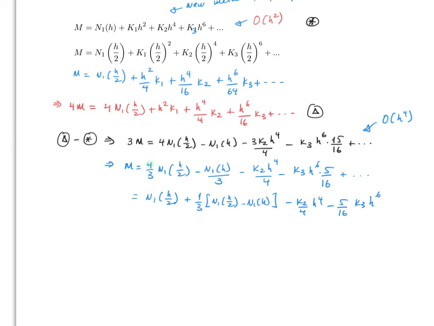Here notice that the 4 over 3, this is just basic arithmetic, is equal to this plus that. Okay, so 1/3 plus 1 is equal to 4/3.